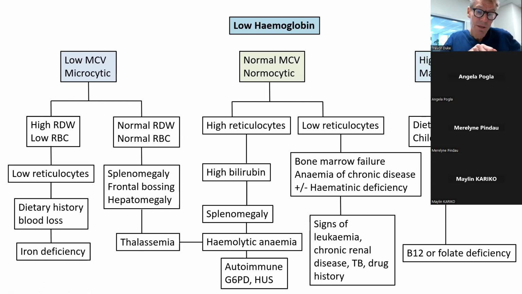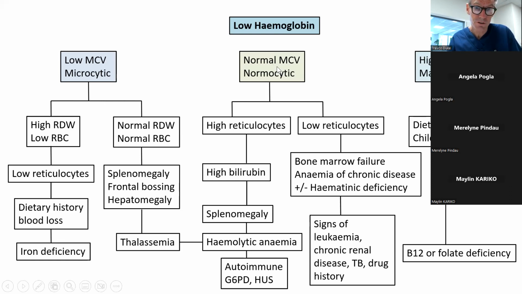If they've just got blood loss and they're still making lots of red blood cells, then sometimes their reticulocyte count will be normal or high. But if they've got severe iron deficiency, then their reticulocyte count will be low. Then, of course, you ask about a dietary history in more detail and ask about blood loss. And you can really make a diagnosis of iron deficiency by just going down that pathway.